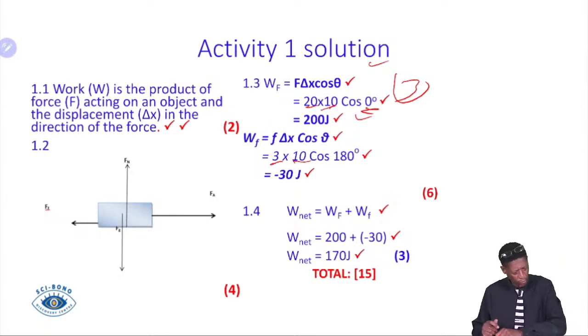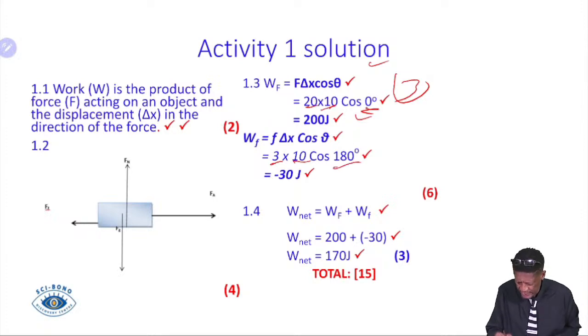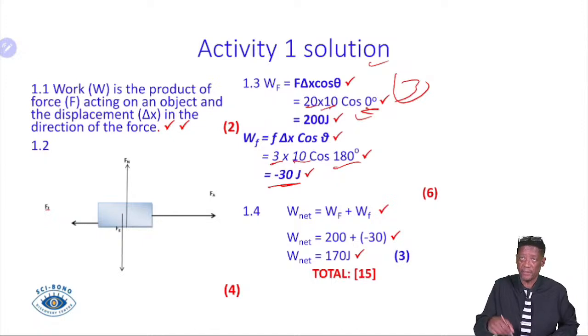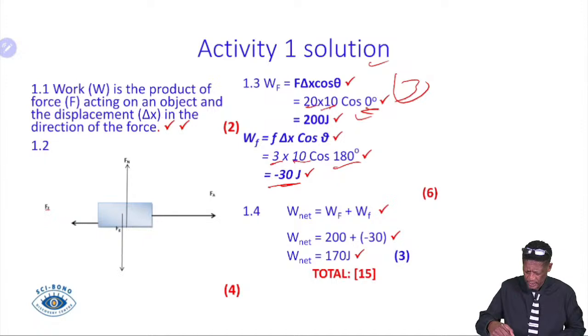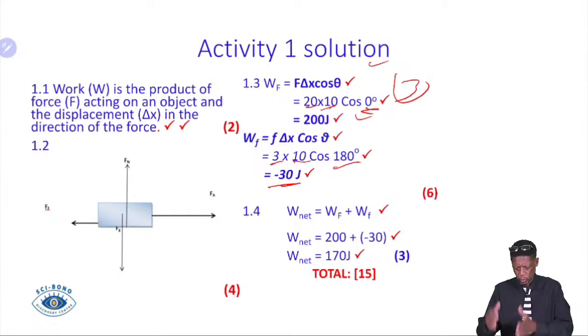But now moving to the left, we use 180 degrees because of the friction. Then it must be negative. It doesn't mean that the work that has been done is negative. Remember, work is a scalar quantity. It doesn't show the direction, but it's negative 30 joules, right?